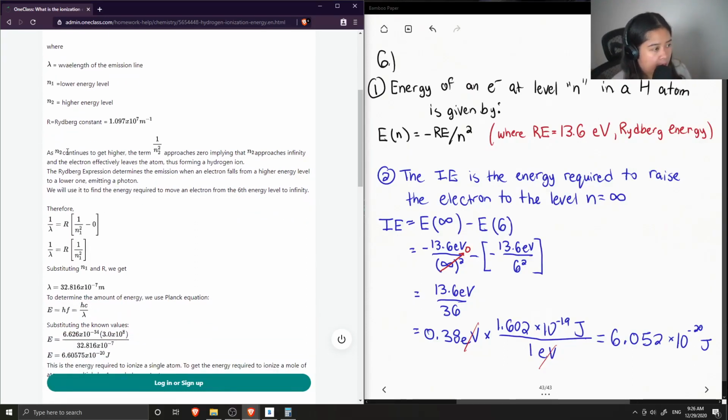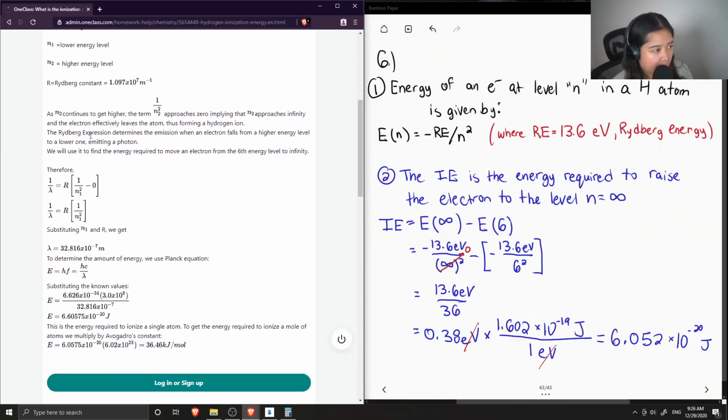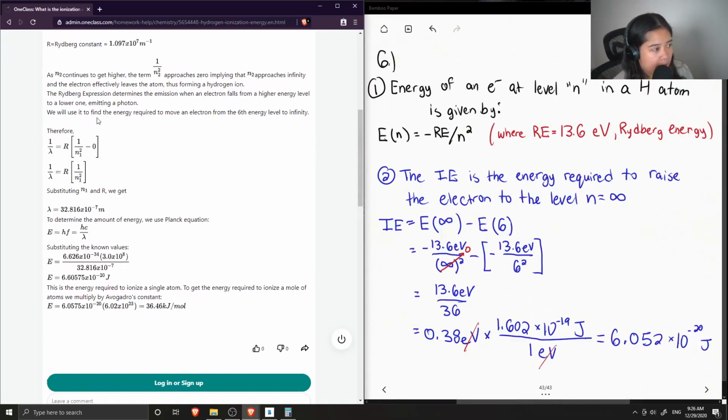As N2 continues to get higher, the term 1 over N2 squared approaches 0, implying that N2 approaches infinity and the electron effectively leaves the atom, thus forming a hydrogen ion. The Rydberg expression determines the emission when an electron falls from a higher energy level to a lower one, emitting a photon. We will use it to find the energy required to move an electron from the 6th energy level to infinity.